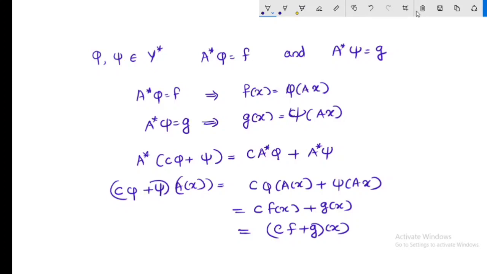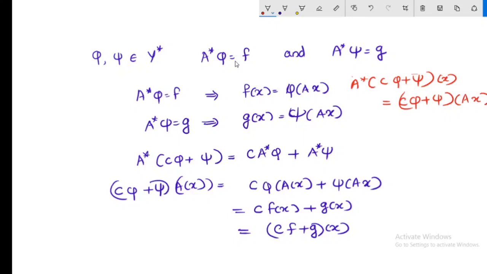Therefore, what is actually A star of c phi plus psi? This is actually c phi plus psi of Ax.